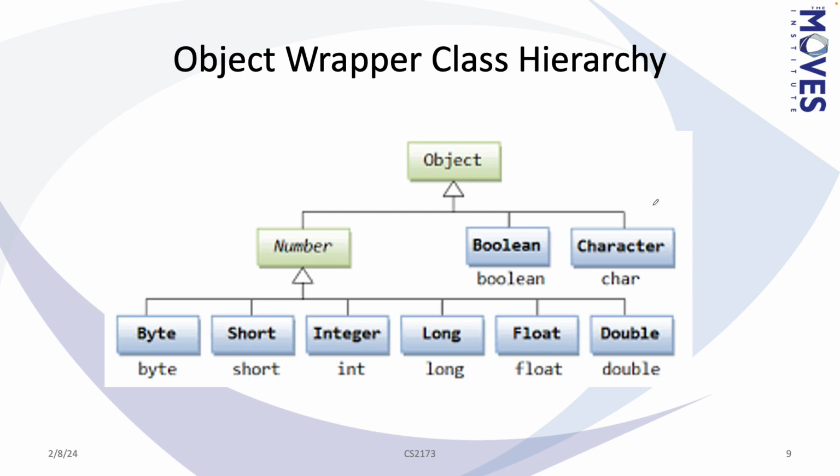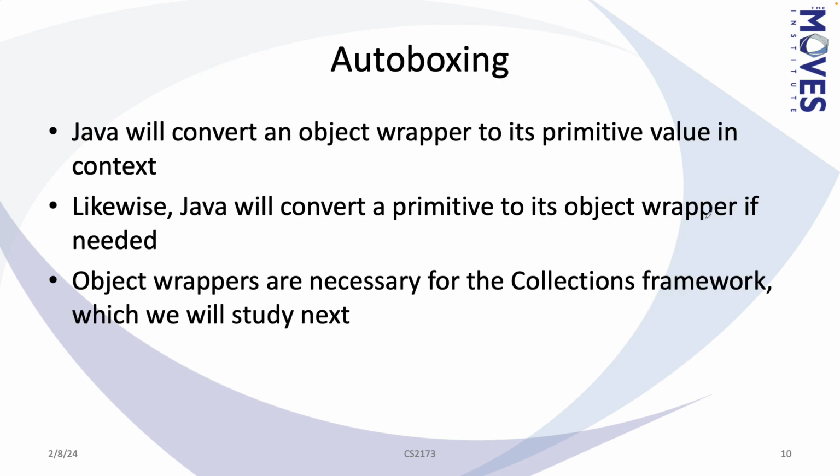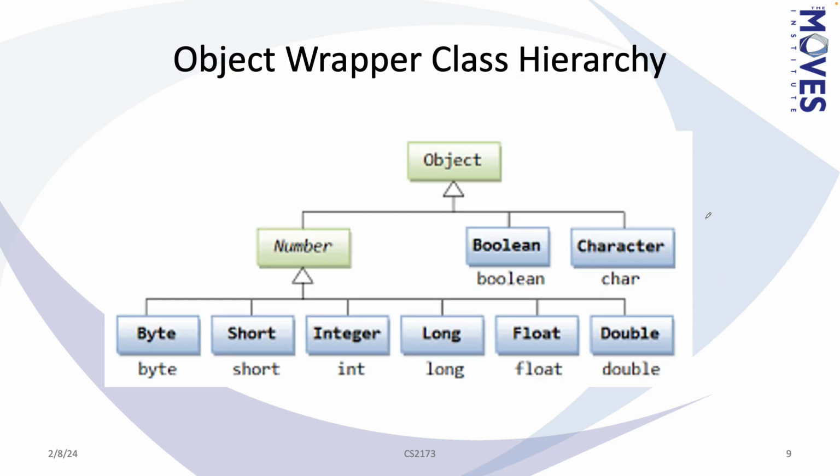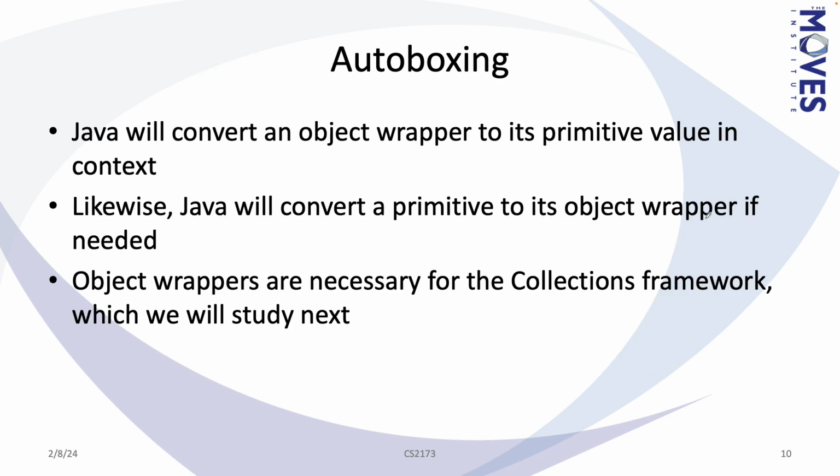Well, when they first came out, each of these had a method. For example, Double had something called doubleValue, so I had to unwrap it, do the calculation, and then often put it back in another one. That got to be a real pain. Everybody complained about it, and so they came up with this idea of autoboxing.